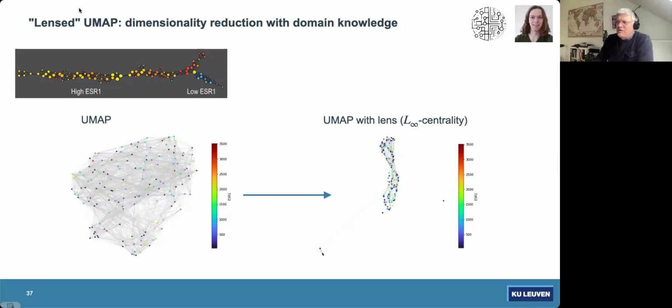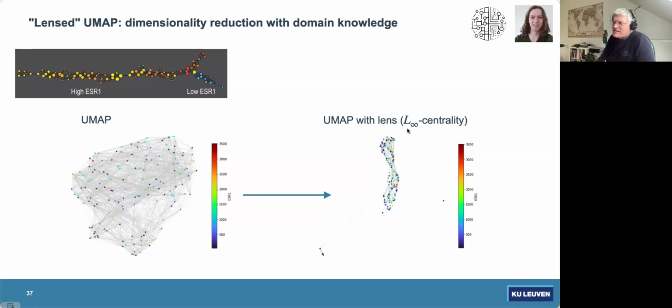And that's why Jelmer developed the lensed UMAP. So if you have the UMAP algorithm and you look at ESR1, these nodes are different patients and they're colored by the expression value of ESR1. I see this as rainbow colors. You didn't see this, right? So colored by ESR1.